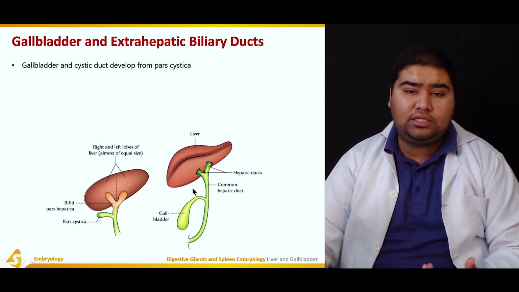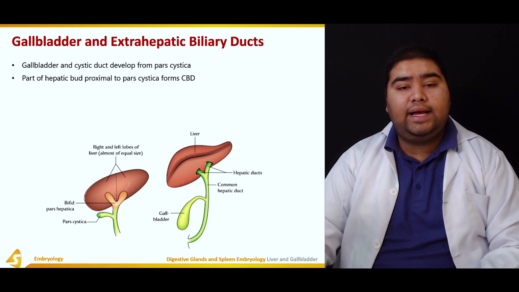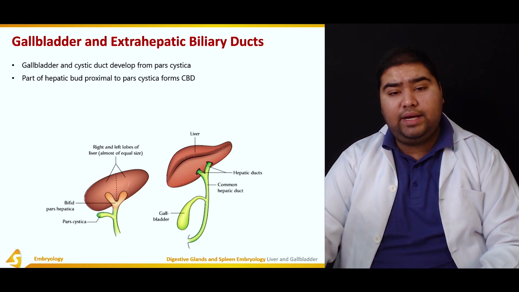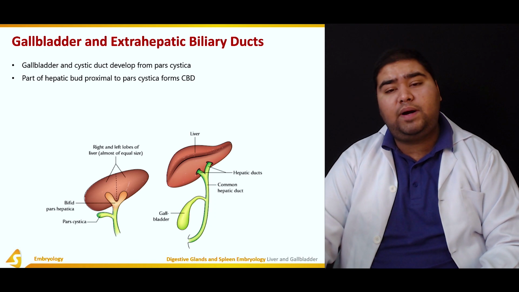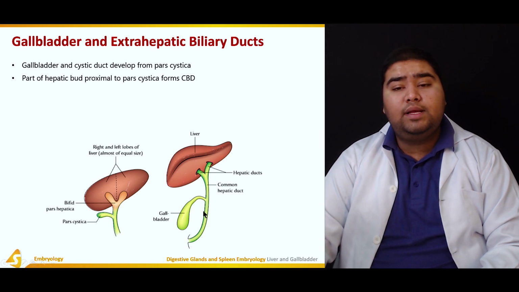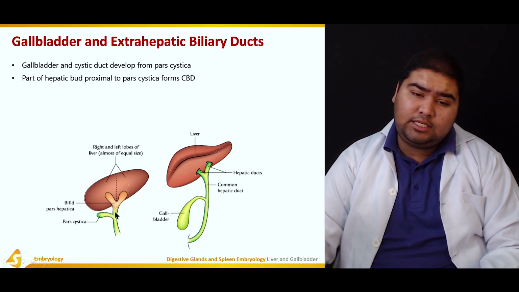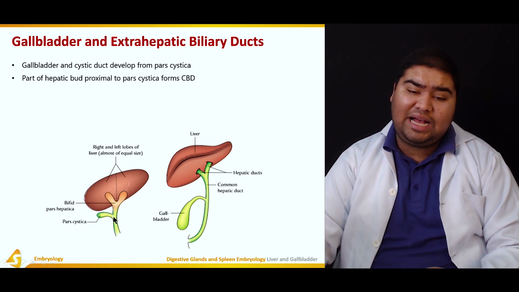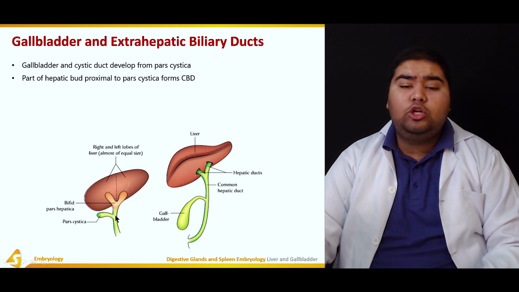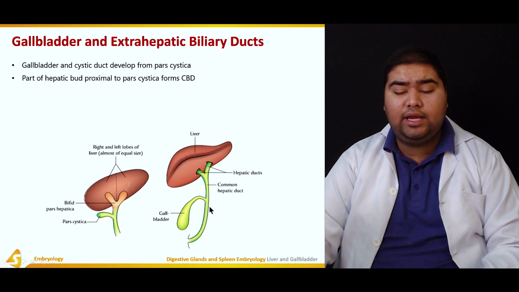The cystic duct is the duct of the gallbladder. Now the part of the hepatic duct which lies proximal to the pars cystica forms the common bile duct.